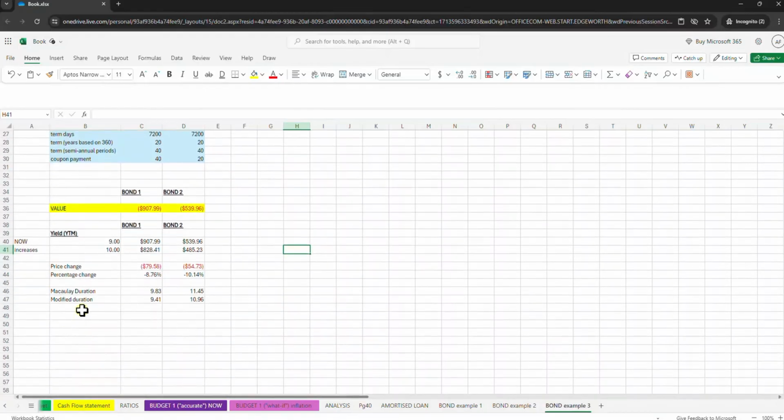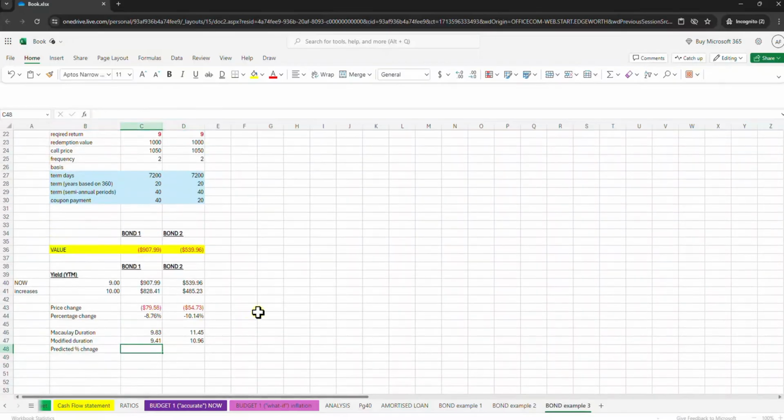Okay, so we need to work out this next line. Predicted change in price. To calculate this, they've used a formula. It's the same formula that we have in the notes. They're just describing it with these mathematical symbols. I'm looking at page 311 in your textbook, if you're following. So this predicted change is calculated using the modified duration.